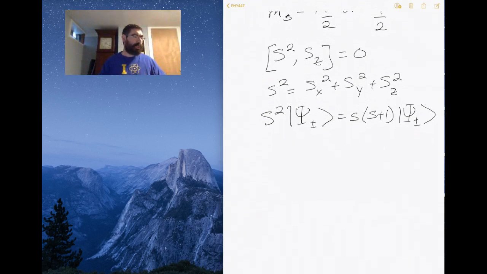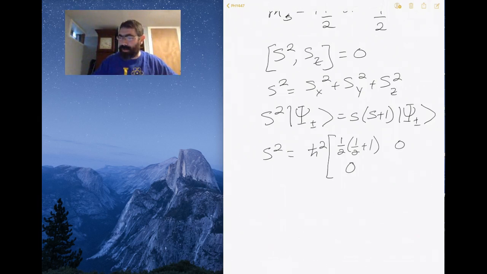Just like we did for total angular momentum. So in this case, if we were to work it out, what we would get for s squared is h bar squared times 1/2 times 1/2 plus 1. Sorry, there is no sign to the s squared.